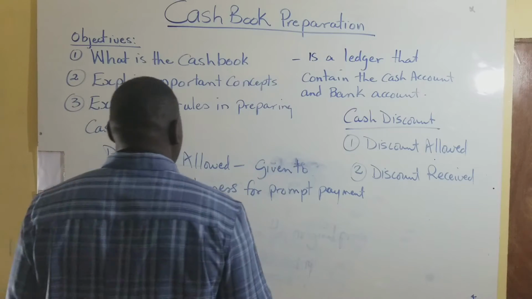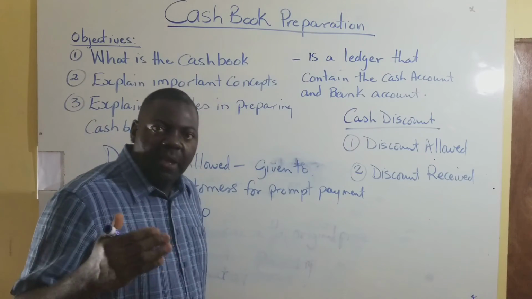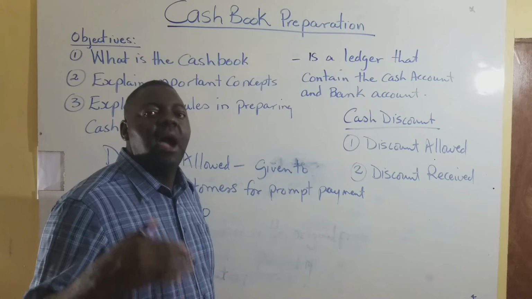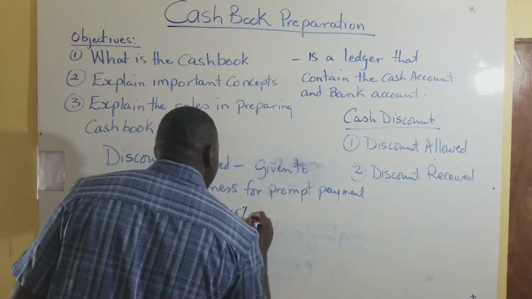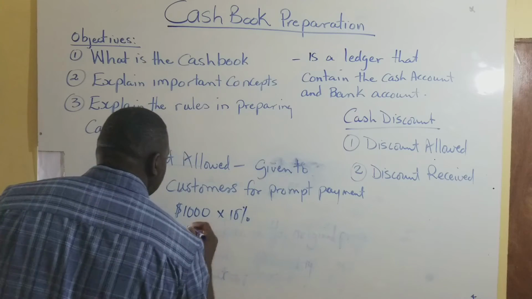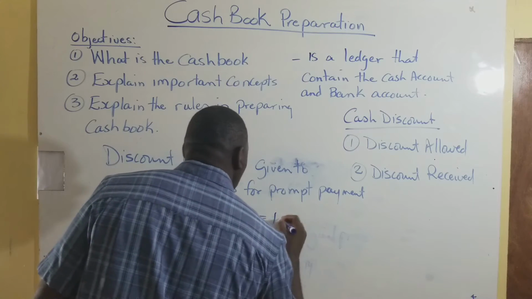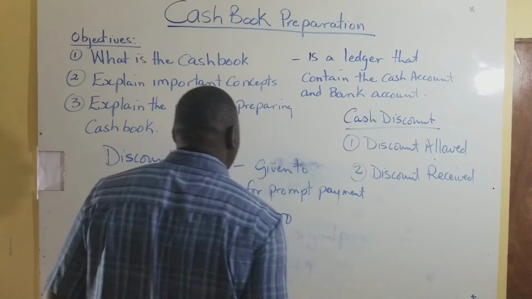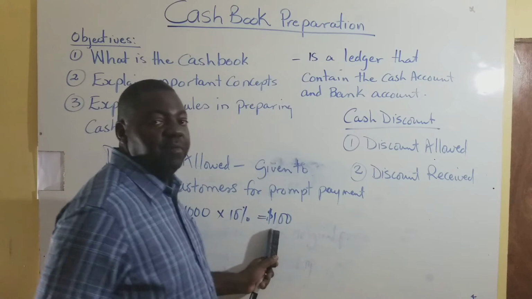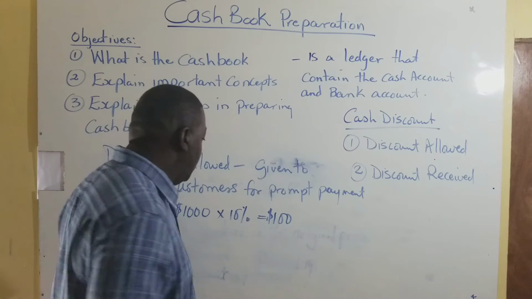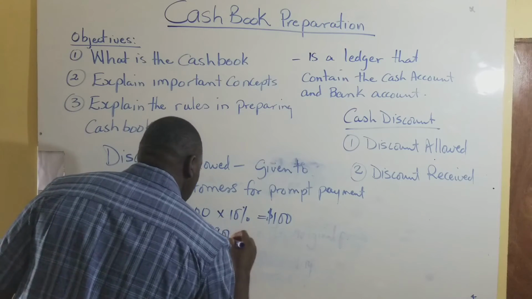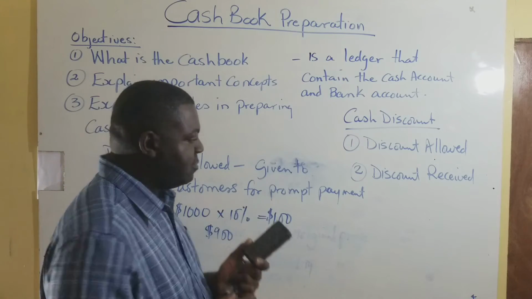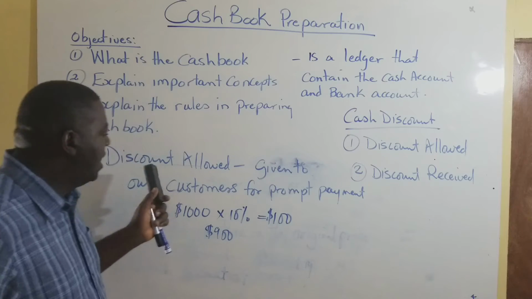So that means we are allowing the customer a reduction. So the 10% discount will mean a reduction of $100. So they will get a reprieve or a reduction of $100, and what they would pay would be $900. So that is discount allowed.